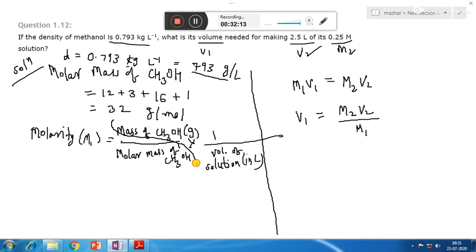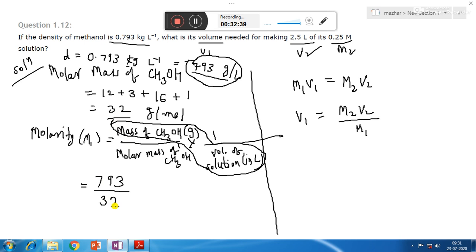So mass upon volume in liter, we can write as 793 gram per liter. That's why we have converted density into gram per liter. So instead of mass upon volume in liter, we can write 793 divided by the molar mass of methanol, which is 32. So 793 upon 32 is equal to 24.78 molar.